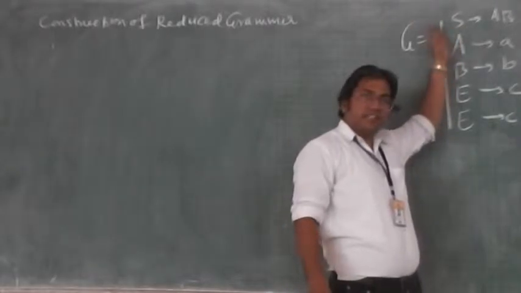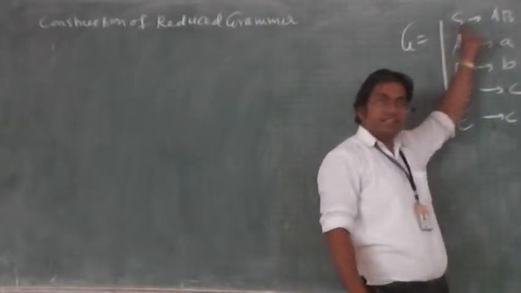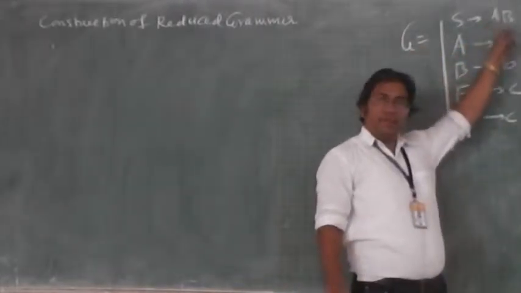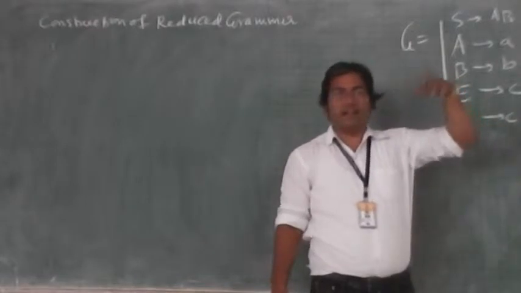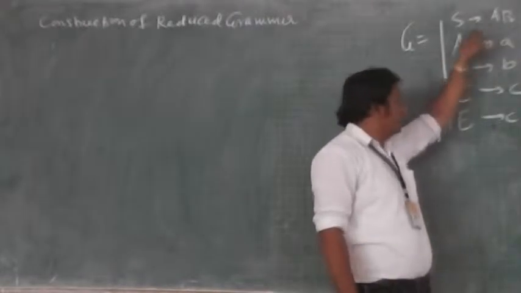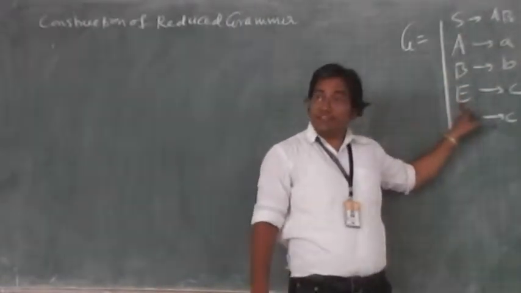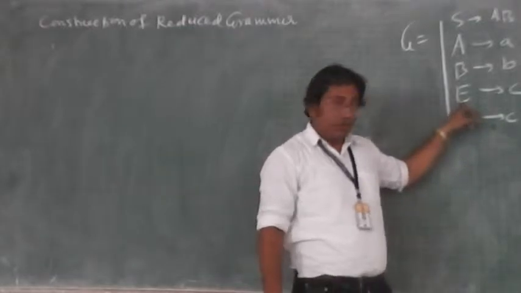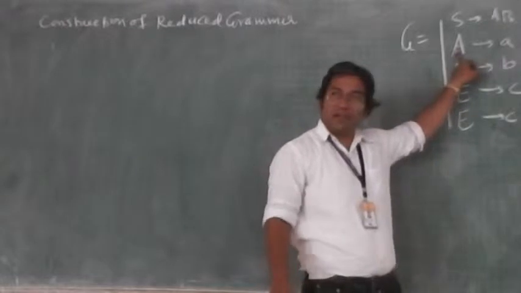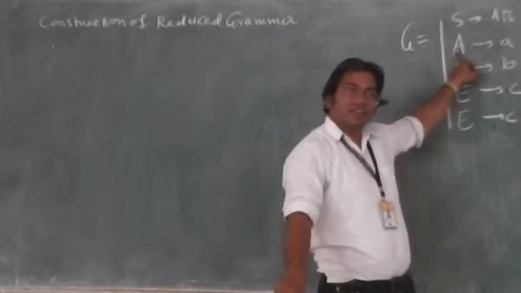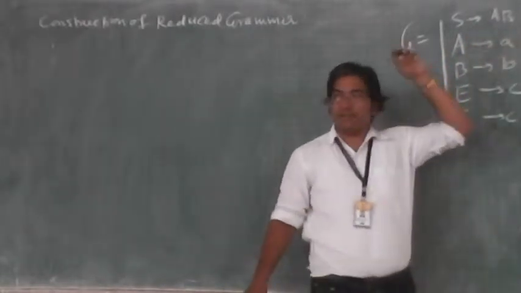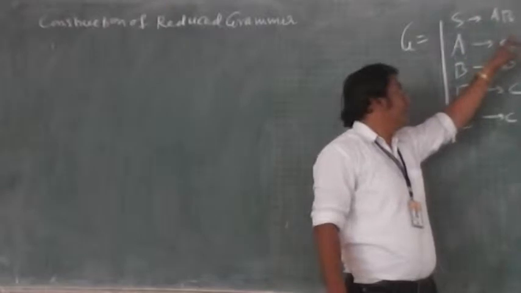I started with the first production and got S implies AB. After that, A and B should be replaced at the end by terminals. So I looked at A and searched for the production for A. I found this is the production applicable, so I replaced the variable A by the terminal a.